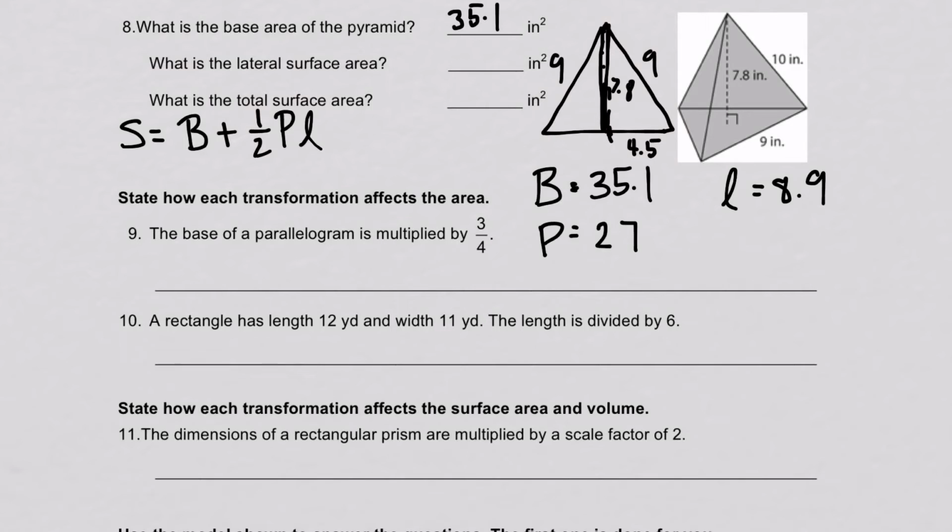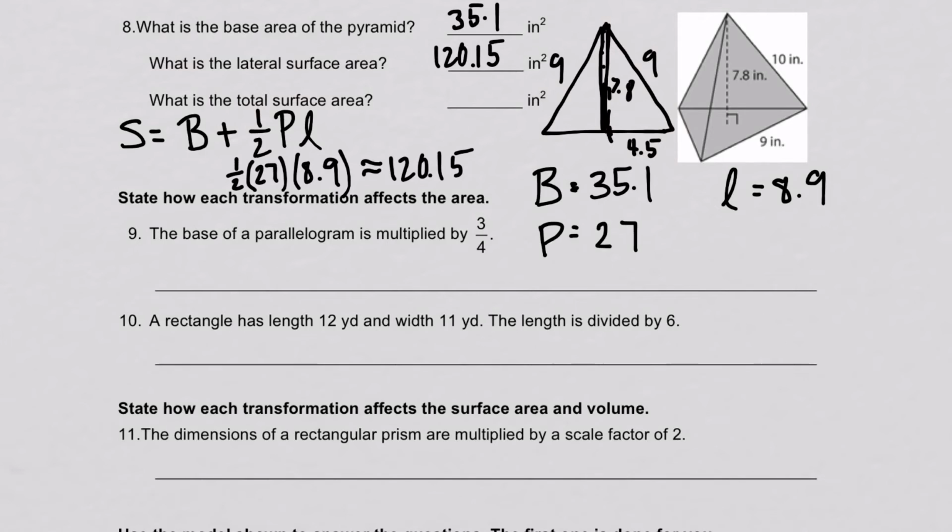So it's going to be 1/2 times 27 times 8.9. Okay, multiply those out and we get approximately 120.15.